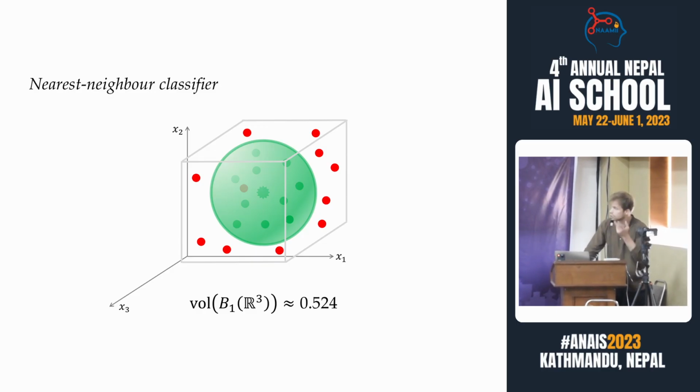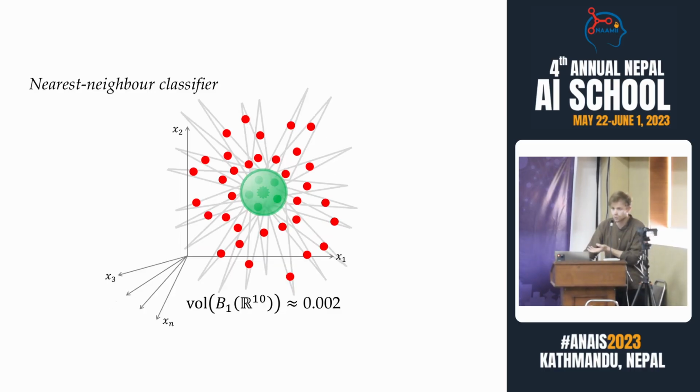So this was the story in 2 dimensions. Now what happens in 3 dimensions? Again, you have the green points that are classified correctly and the red points that are classified incorrectly, right? But now the volume of the ball is 0.5, which is much smaller than before. And the volume of the unit cube is still 1, right? So the fraction of points that you're classifying correctly with only one labeled point is much smaller.